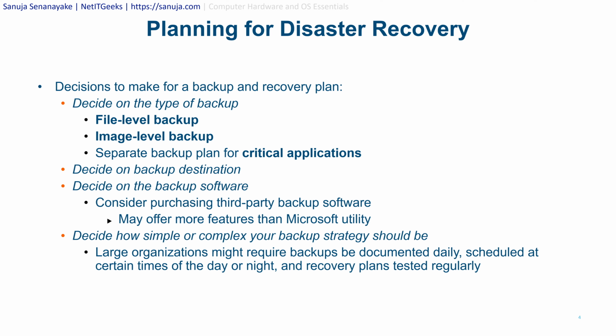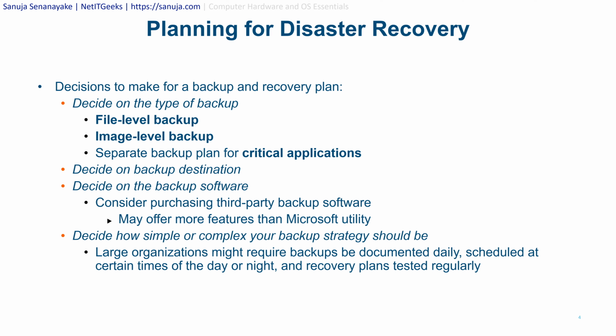What that basically means is that file level backup includes things like .txt files, .doc files, Excel files, image files, or CAD document files if you are working for an engineering company, for example. So you need to think about the lowest level, which is the file level, the level which users usually directly interact with.